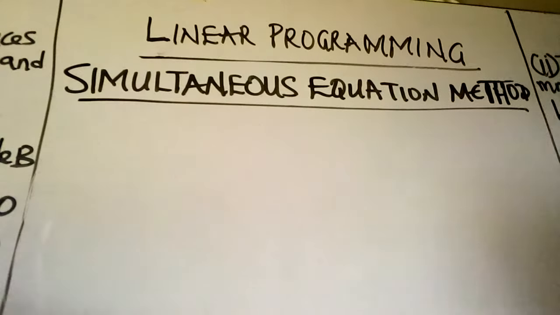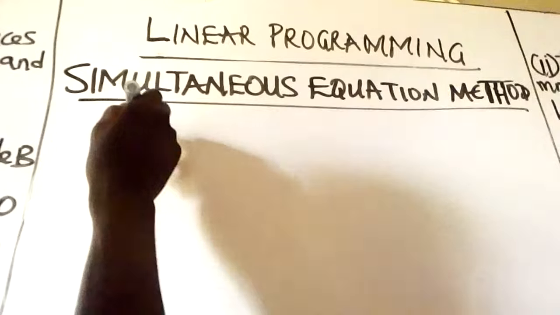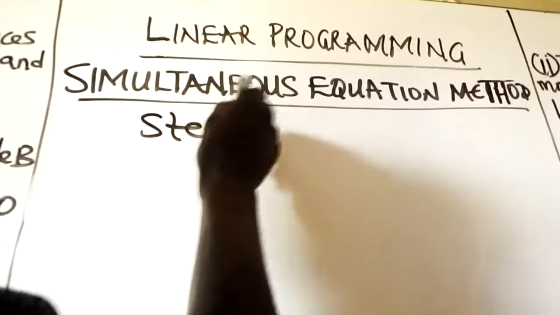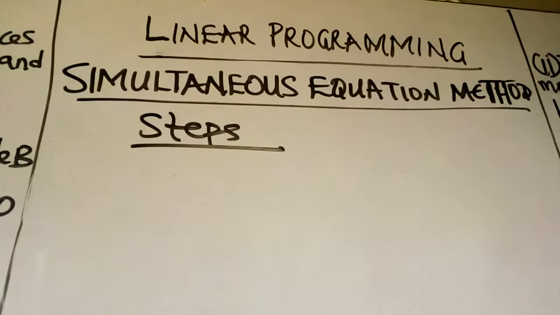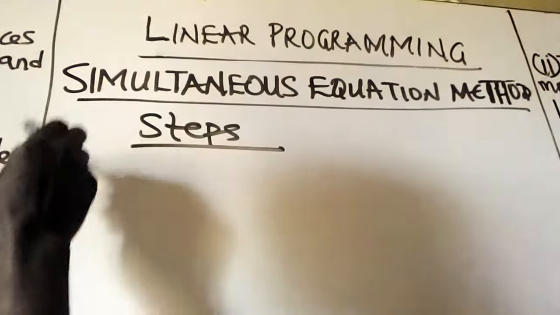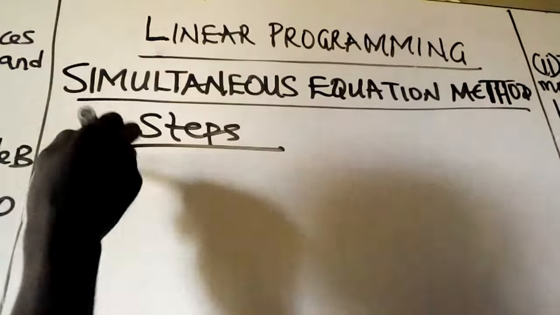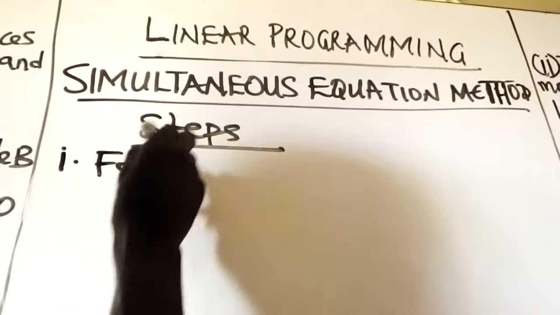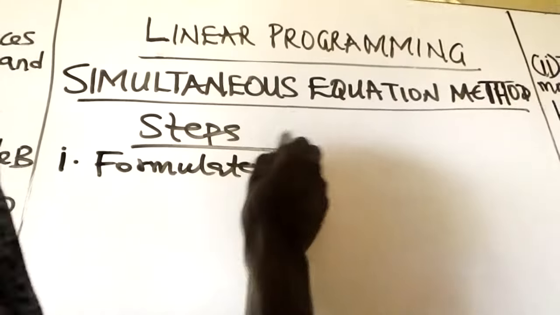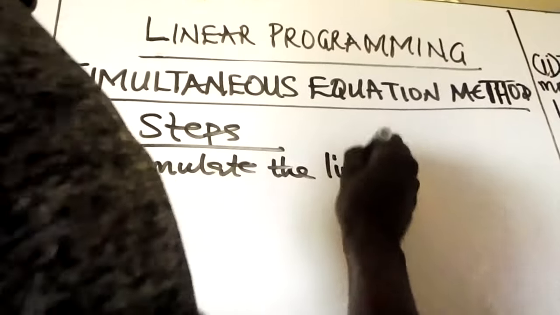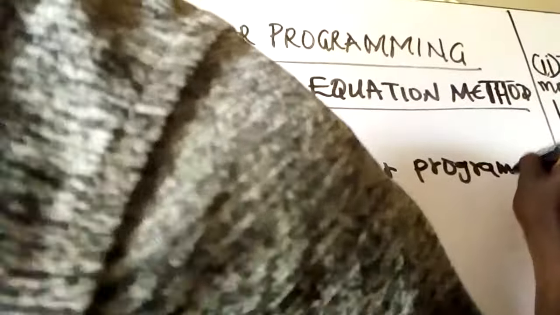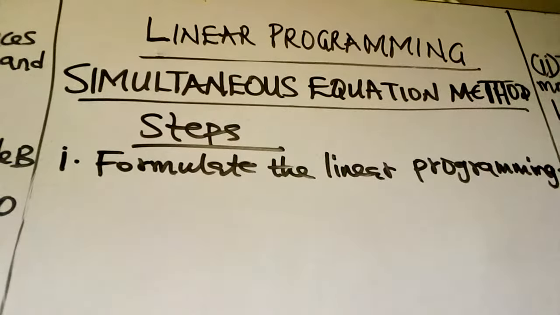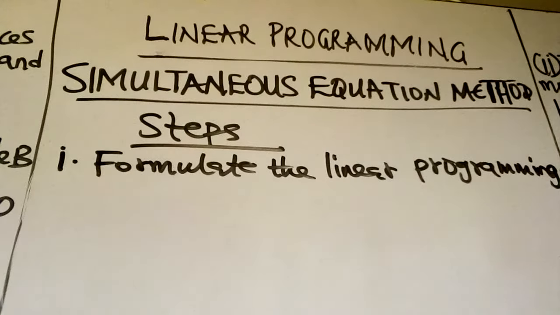So what are the steps you need to take in solving linear programming using the simultaneous equation method? Step 1, formulate the linear programming. This has been covered in part 1 of my lecture.